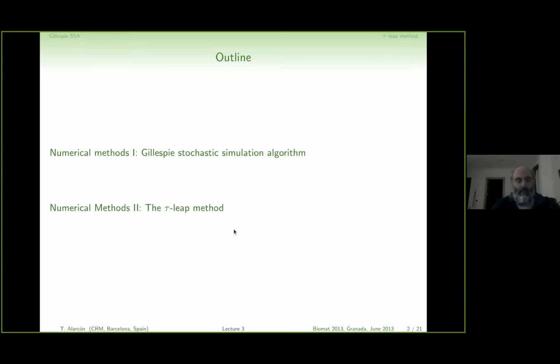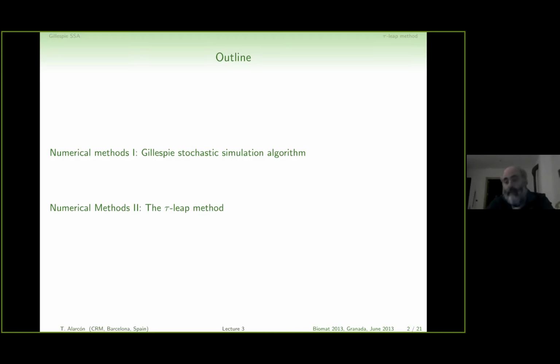Okay, so we're just crossing the equator of this course. Today I'm going to tell you about numerical methods, simulation methods to simulate all these things, because, as we mentioned during the two previous lectures, analytical solutions, or even the approximate solutions that we were looking at the other day using WKB-like methods, are not always available.